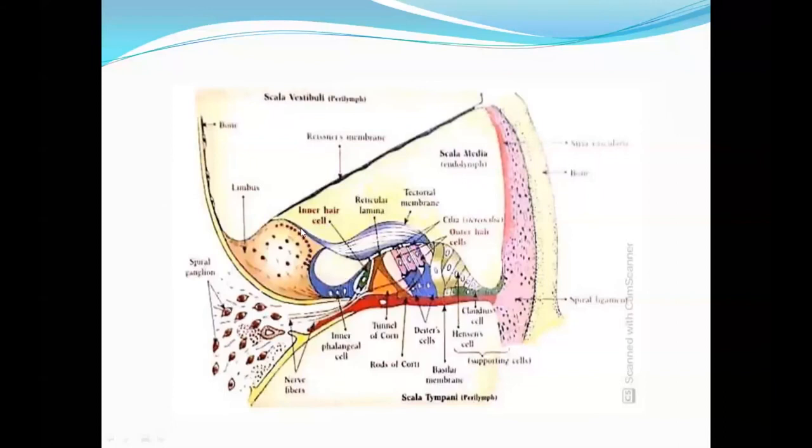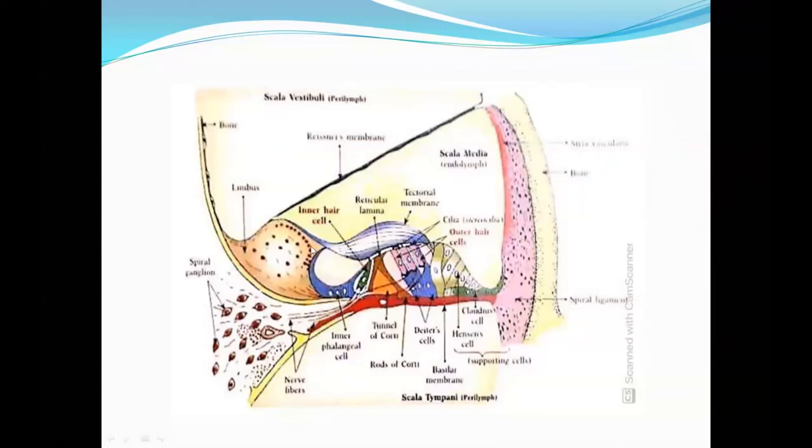See, this is the tectorial membrane. This is the reticular lamina. The stereocilia start at the tip of the hair cell. These are processes called cilia, and they pass through the reticular lamina and end up in the tectorial membrane.